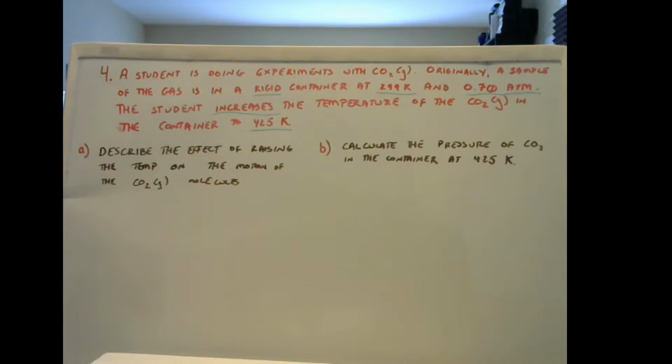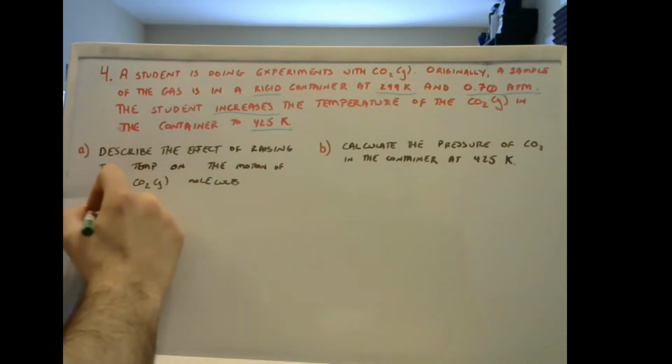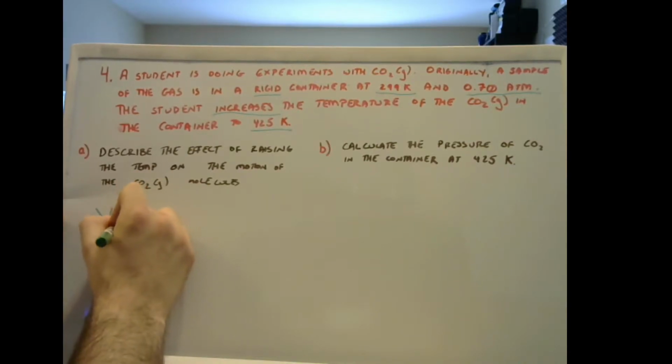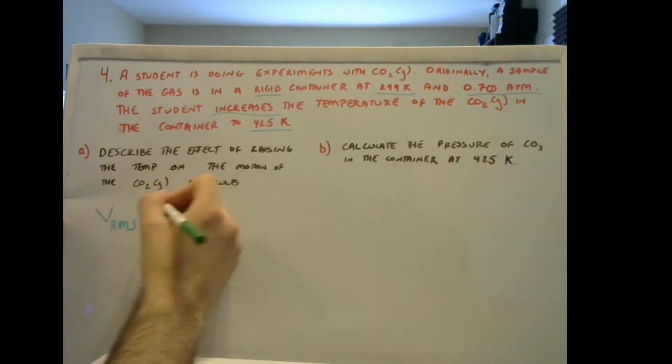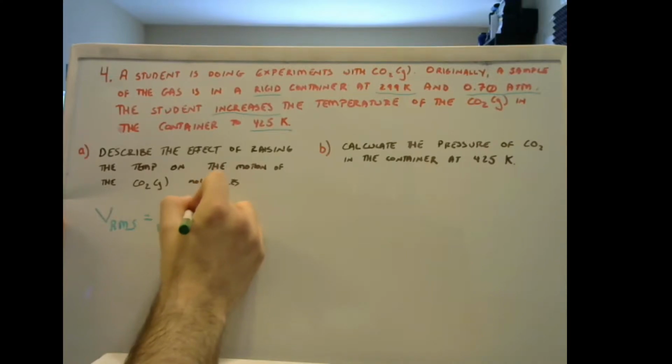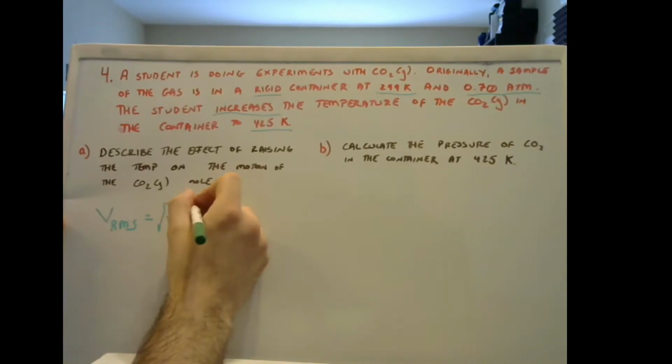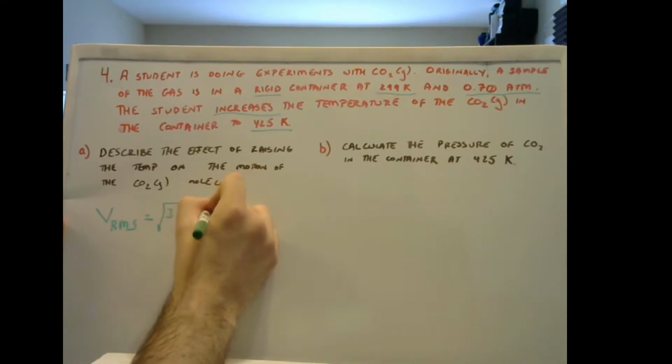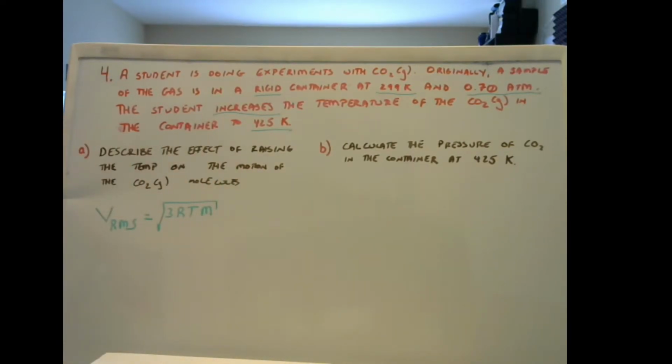Well, we had an equation for this that we weren't supposed to memorize but was useful to talk about. And that equation is V_RMS equals the square root of 3RT over M. This equation tells you the average velocity, or the root mean square velocity of a gas molecule, is based on the heat.